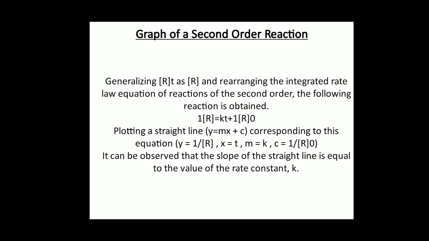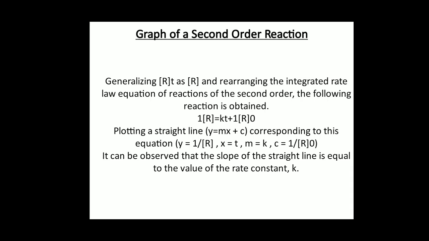Graph of second order reactions. Generalizing [R]t as [R] and arranging the integrated rate law equation of reactions of the second order, the following equation is obtained: 1/[R] is equal to kt plus 1/[R]0.